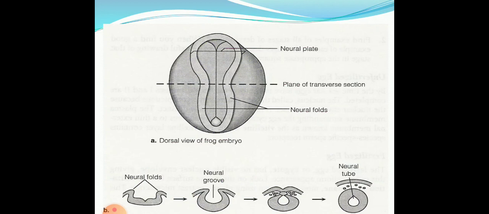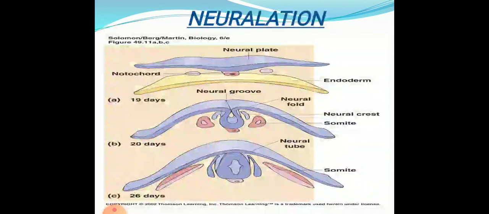Which canal is it? That canal is called the neurenteric canal. In this way the neural tube is going to form. That is neurulation.